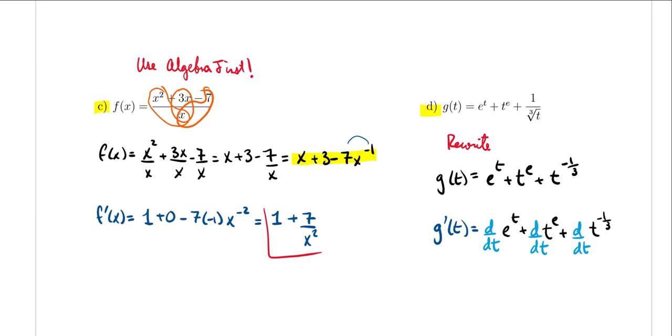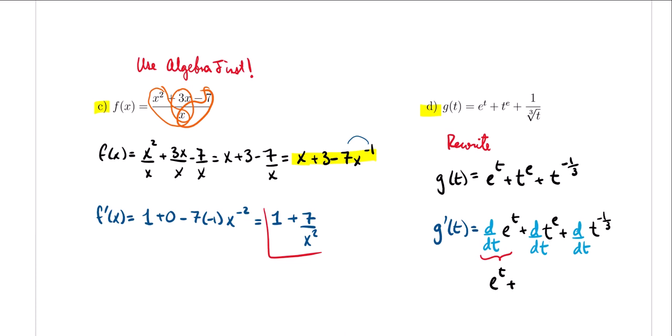For our first derivative here, we have the derivative of the natural exponential function, and we know that the derivative of the natural exponential function is itself. So we're just going to have e to the t plus, now careful with the next one here, we have the derivative of t raised to the e. Is this one a constant or a variable? Well, the t was the variable, so we are dealing with a variable here. It's not a constant function.